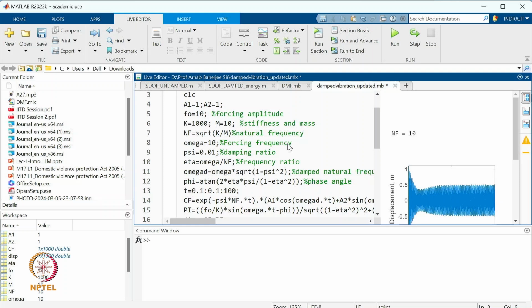That's the resonance. In the resonance, you see that what was a very small amount jumps up. And most interestingly, the amplitude is constant after certain cycles.